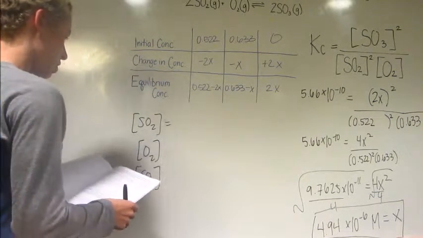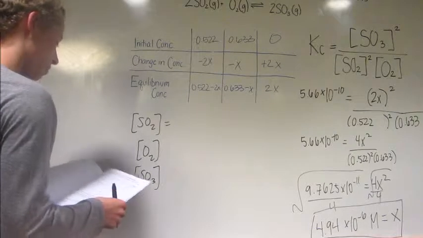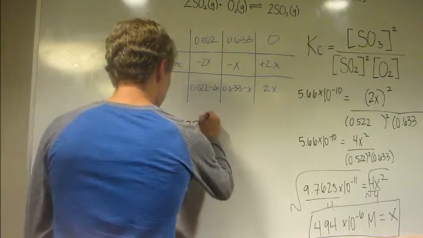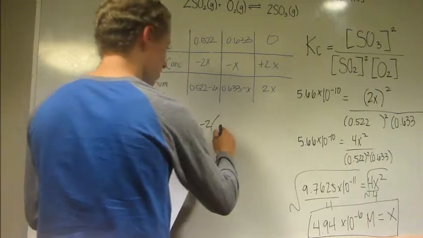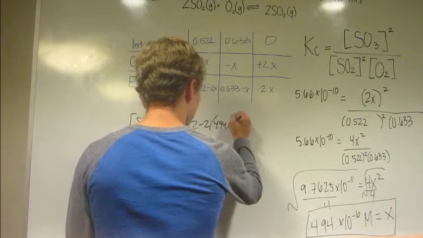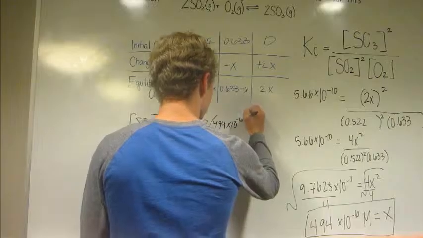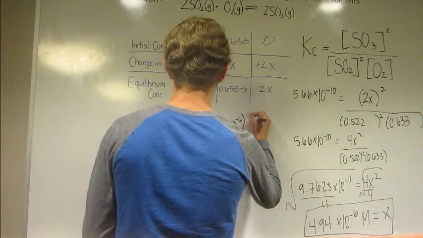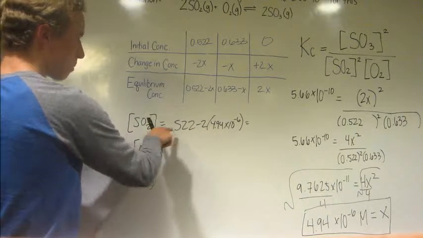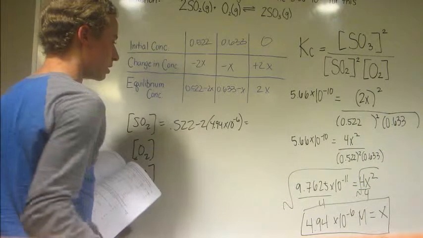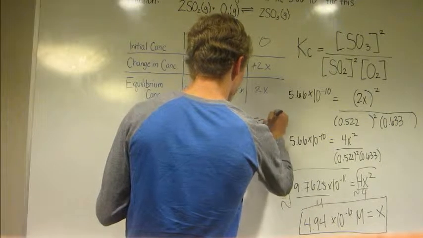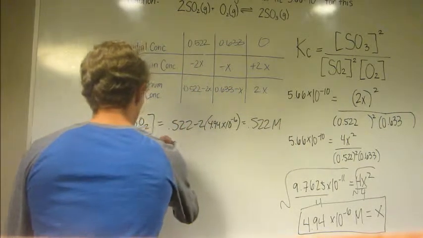The concentration of SO2 at equilibrium is going to be 0.522 minus 2 times x, which is 4.94 times 10 to the negative 6 molar. Since that value is so small, just like we said before, 0.522 is going to be your final value with the right number of sig figs. So the final concentration is 0.522 molar.